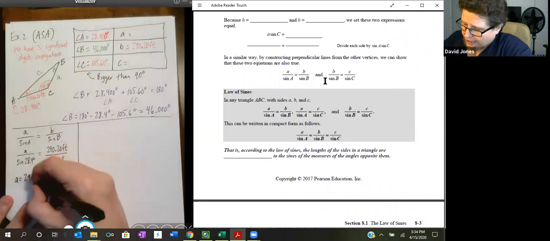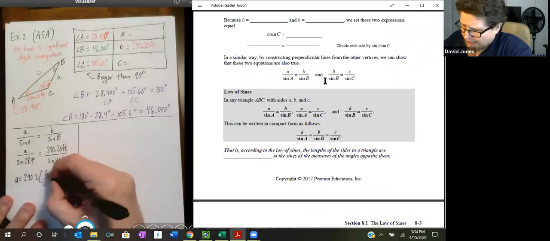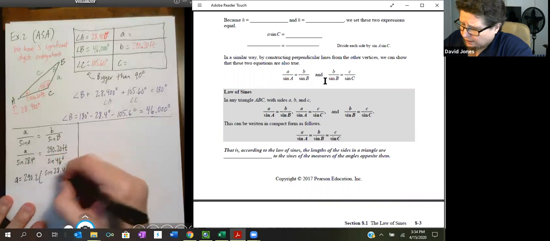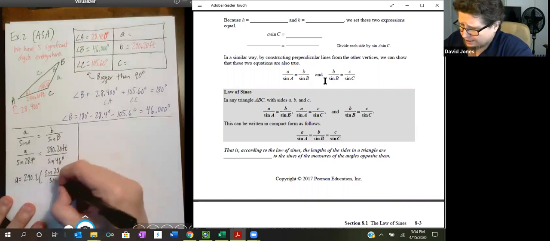A equals 290.2 times sine of 28.4 degrees over sine of 46 degrees.